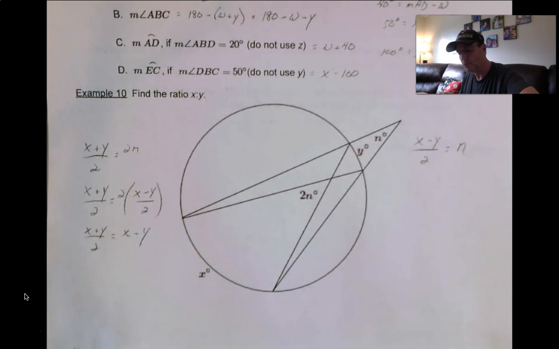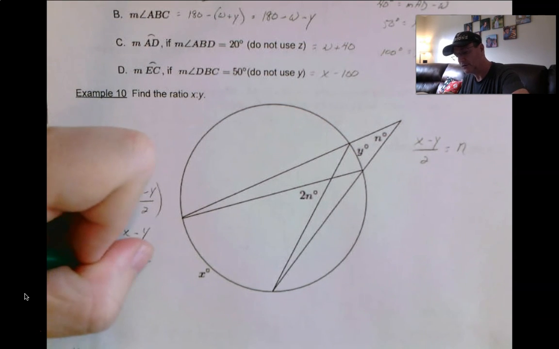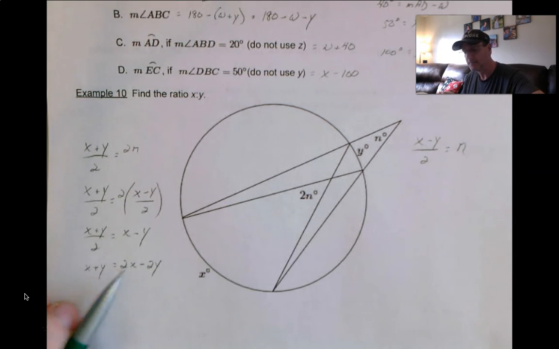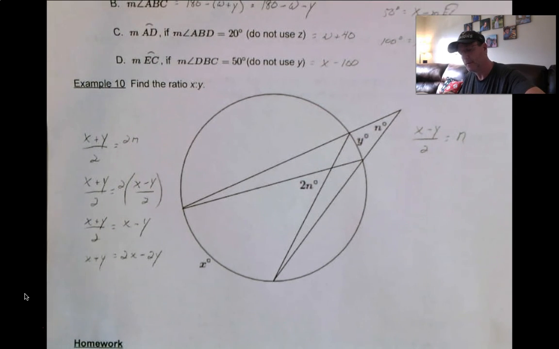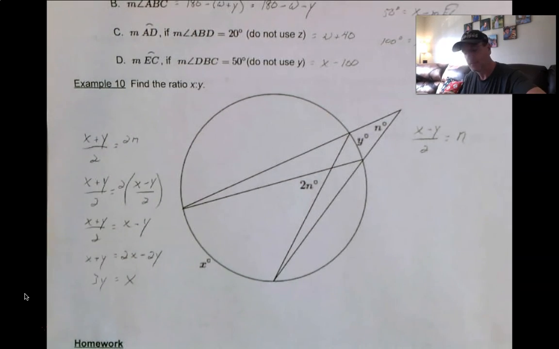Multiply everything by 2. X plus y equals 2x minus 2y. I'm going to add 2y to both sides, subtract x from both sides. So adding 2y, subtracting x, I get 3y equals x.